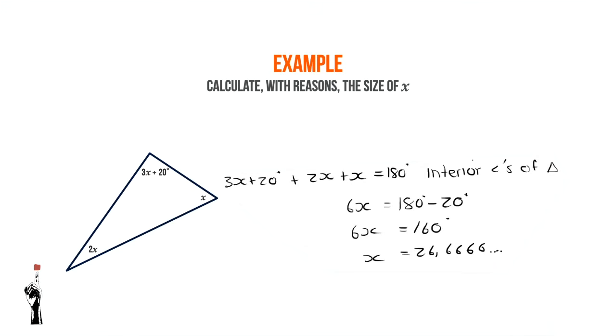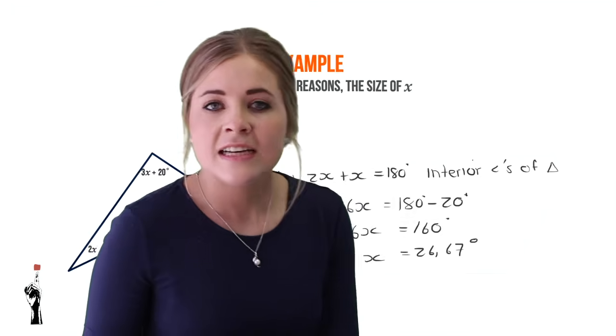But they will always ask me to calculate it up to 2 decimals. So I actually want it to end over there. So I round off and I see that that 6 will make that 6 a 7. So I end up with my answer as 26.67 degrees for X.